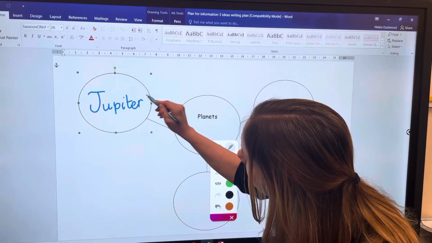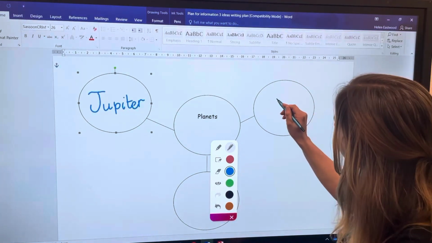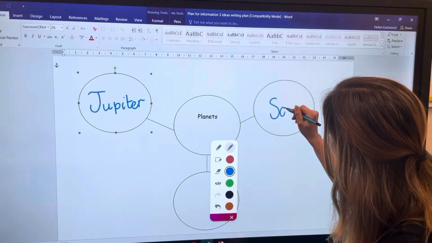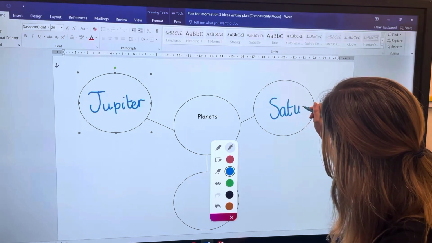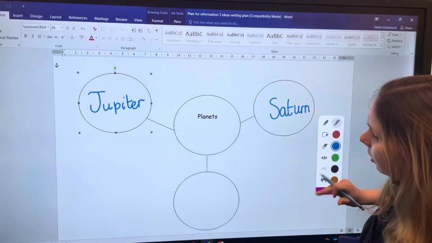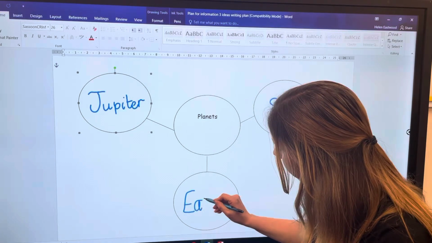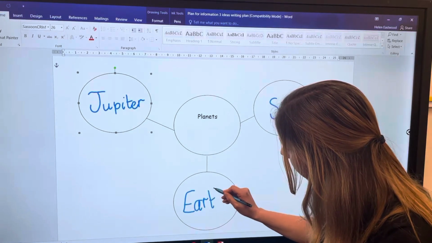So Jupiter, I'm going to write Saturn for another planet. And do you know what? I know a lot about Earth, so I'm going to put Earth as my other planet.